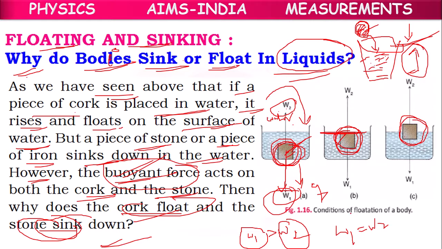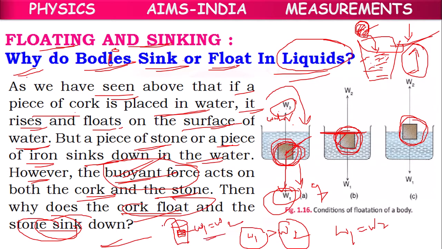In this case, suppose you take a glass full of water, and you throw a block into the glass such that its weight W1 equals the upward force W2, satisfying this condition.